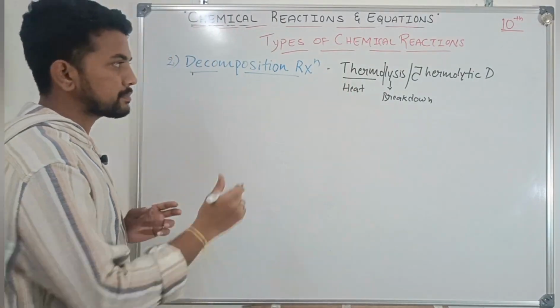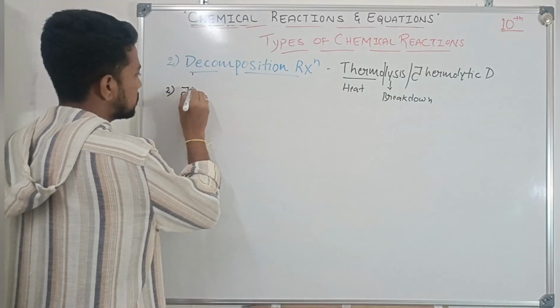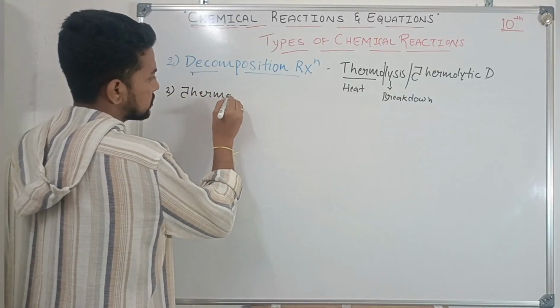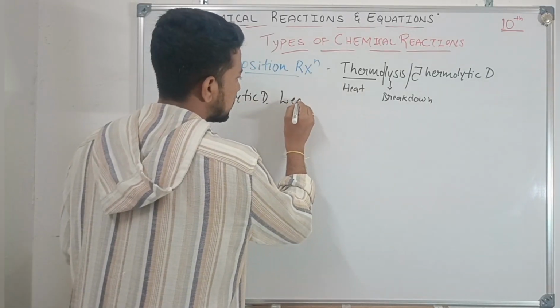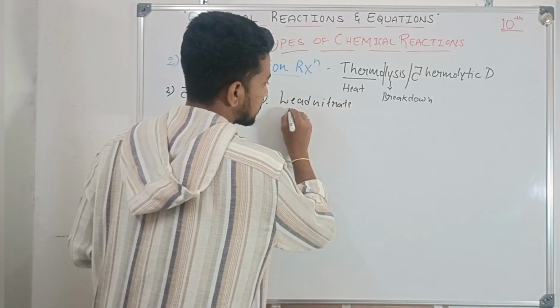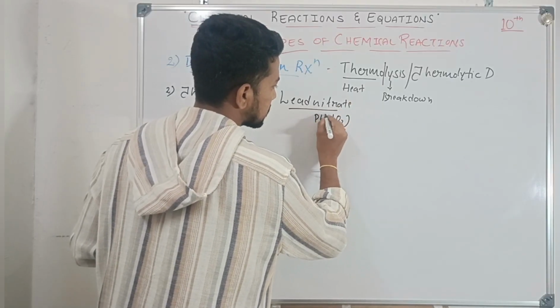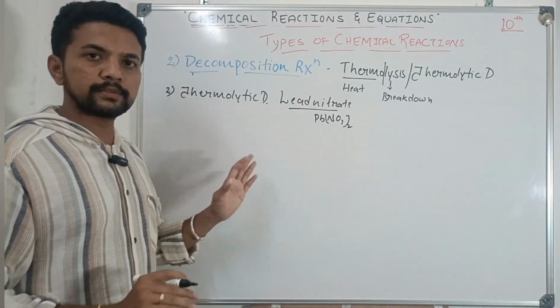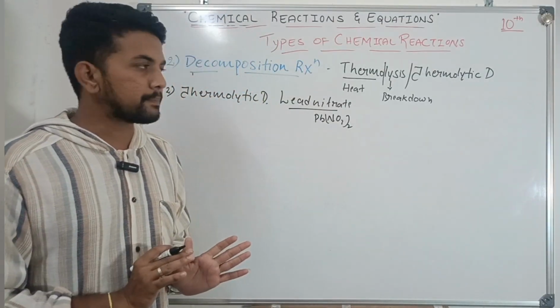The second best example for thermolytic decomposition is the thermolytic decomposition of lead nitrate, Pb(NO3)2.